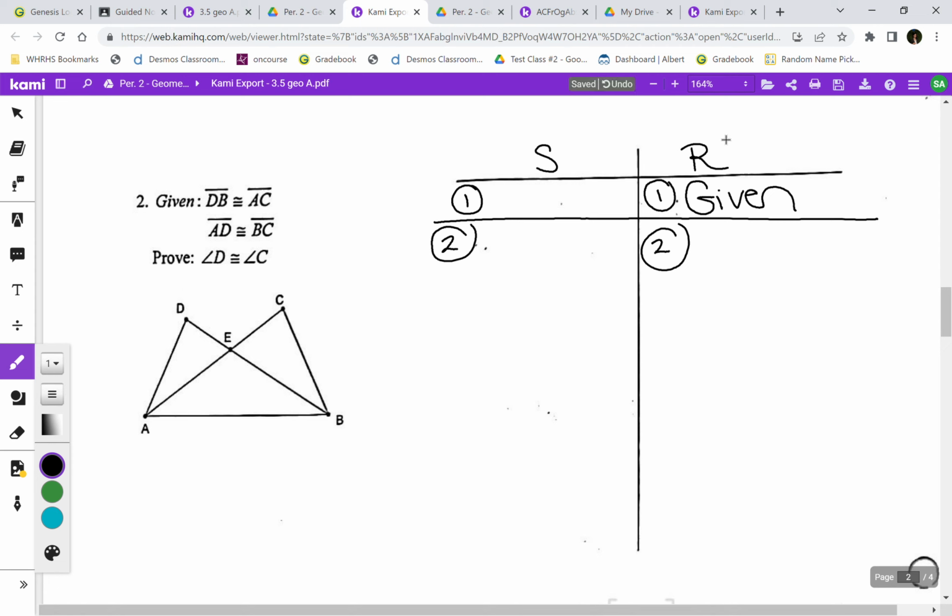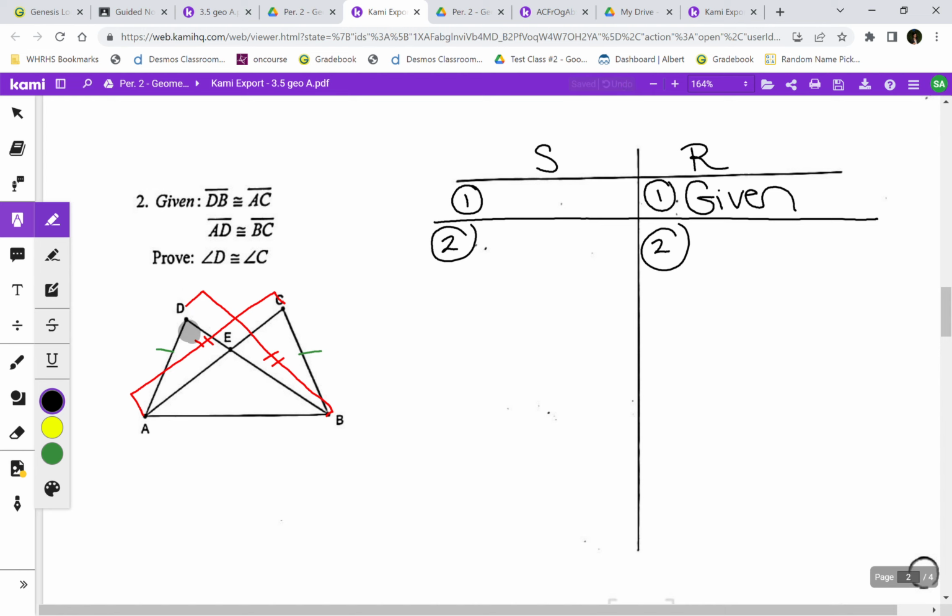So we have DB congruent to AC. So this whole segment congruent to this whole segment. Then we have that AD is congruent to BC. And we want to prove that angle D is congruent to angle C. We need to prove those two angles up top.